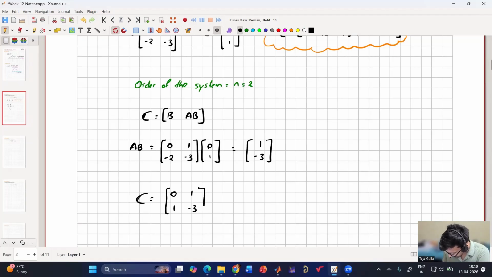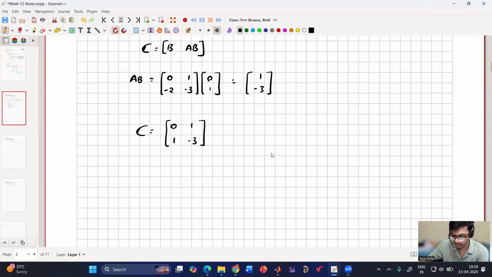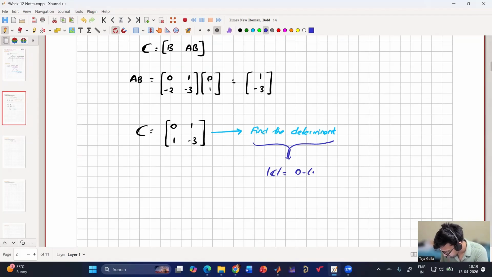So how do I check the rank? I'll calculate the determinant of this matrix. So find the determinant, and then see whether it is equal to 0 or not. So if I calculate the determinant, I'll get determinant of C matrix is 0 minus 1, which is minus 1.